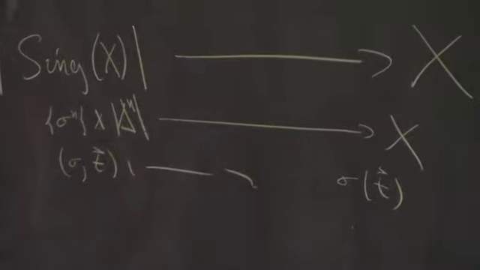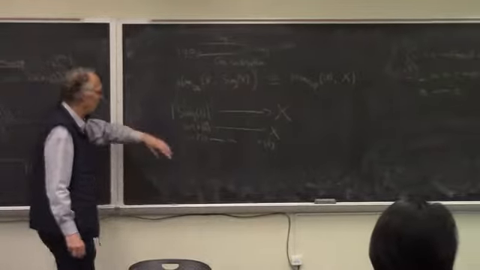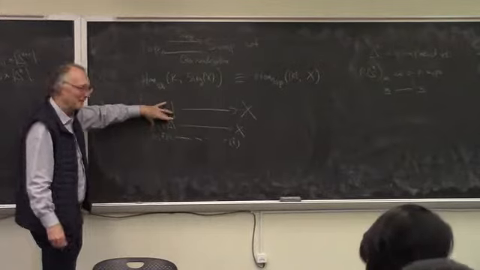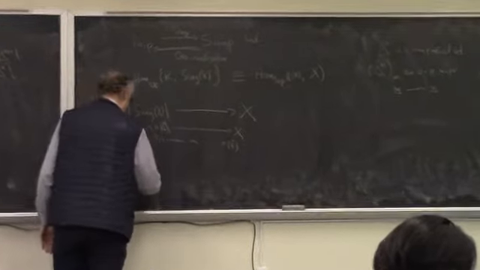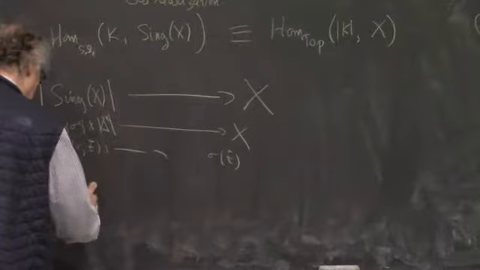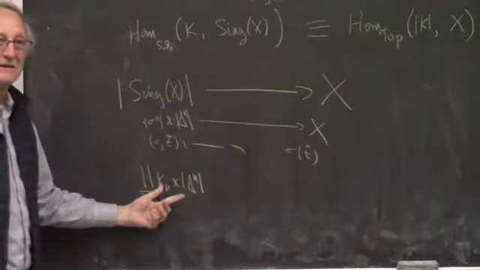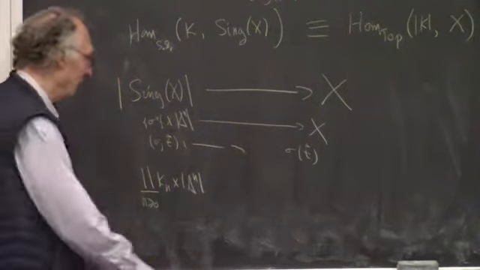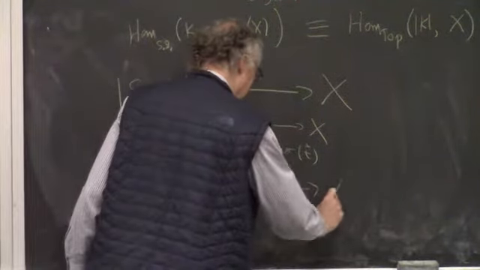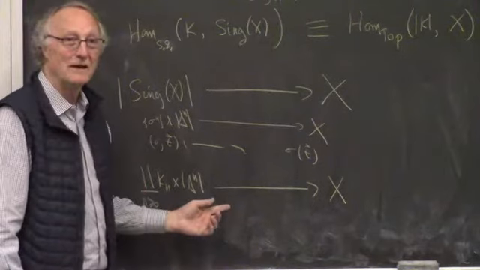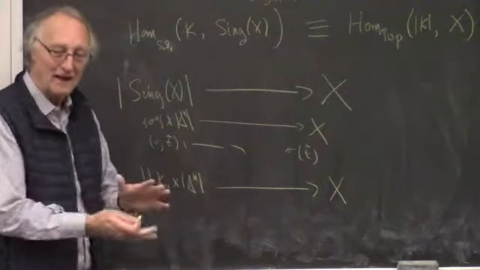It's not a homeomorphism. I've defined it on one simplex in the disjoint union, so now I do this on each piece, over all n greater than or equal to 0, K_n cross delta n, and this maps to X. Now I need to check that it's compatible with the equivalence relation.